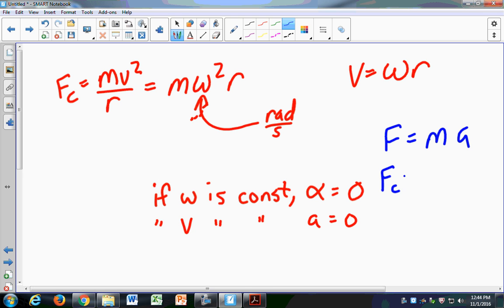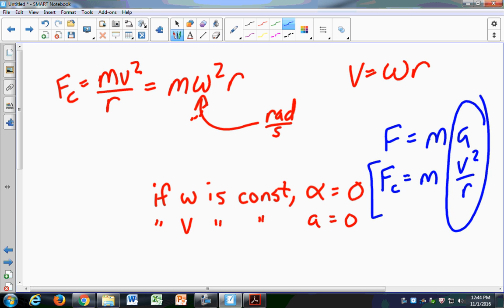Our centripetal force equals mv squared over r. This is on the equation sheet. But notice that that is my acceleration. The centripetal acceleration is v squared over r, but it's not on there. But you will have to calculate a centripetal force. I think there's one calculation for the centripetal force. There might be two, and then there are a couple of conceptual questions. I think there's just one.